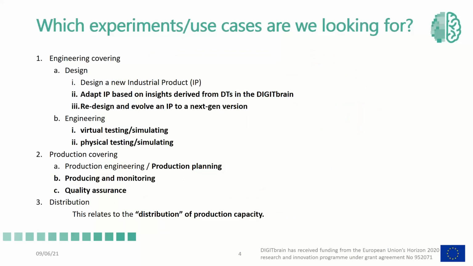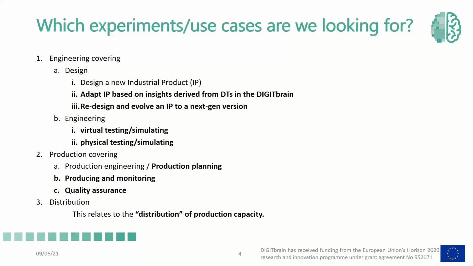And we see potential experiment use cases in the areas listed here, and some of them even in bold letters to guide you a little bit more in what we want to see. So what we would like to see is that you use insights derived from digital twins to adapt the manufacturing machines, or even to redesign and evolve the industrial product in the next generation of this IP.